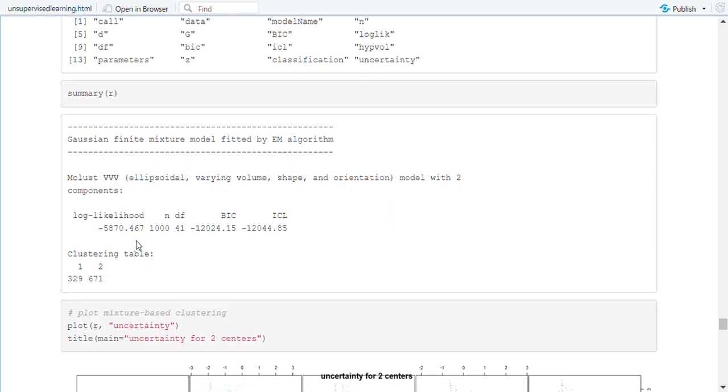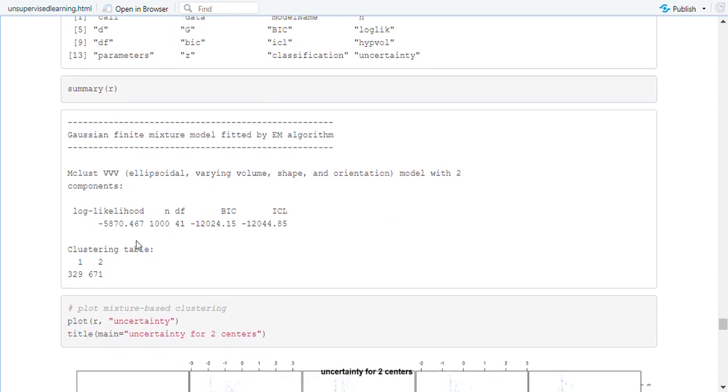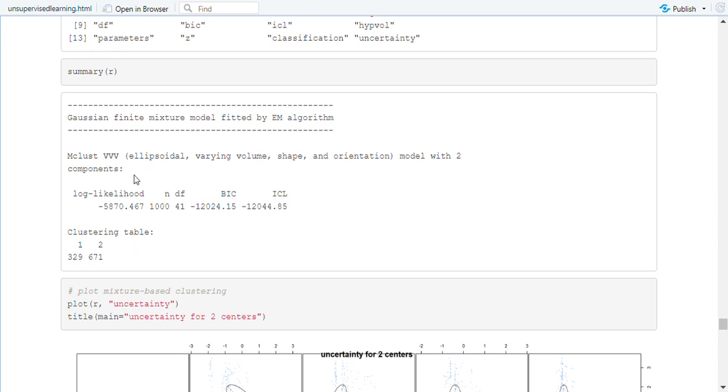It is a Gaussian finite mixture model fitted by EM algorithm, Mclust VVV of ellipsoidal, varying volume, shape and orientation. Model with two components. Log likelihood is minus 5870.467, n is 1000, degrees of freedom is 41, BIC is minus 12,024.15, ICL is minus 12,044.85.